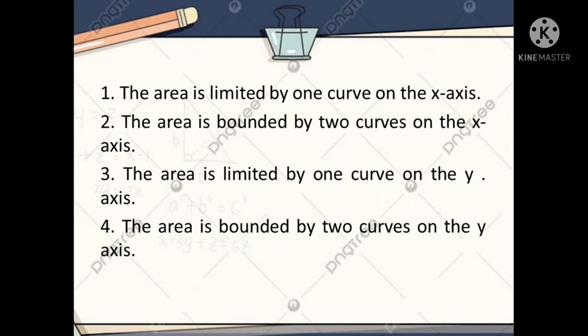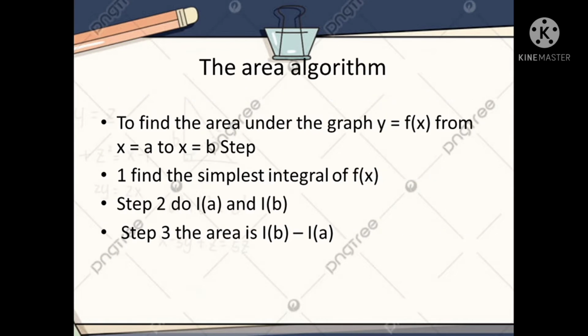Next slide. 1. The region is limited by one curve on the x-axis. 2. The region is bounded by two curves on the x-axis. 3. The area is limited by one curve on the y-axis. 4. The region is bounded by two curves on the y-axis.